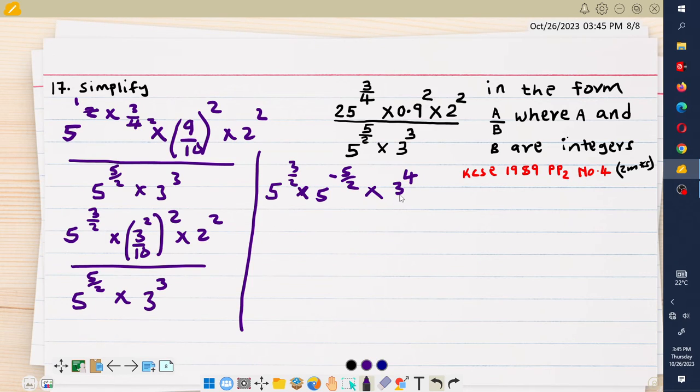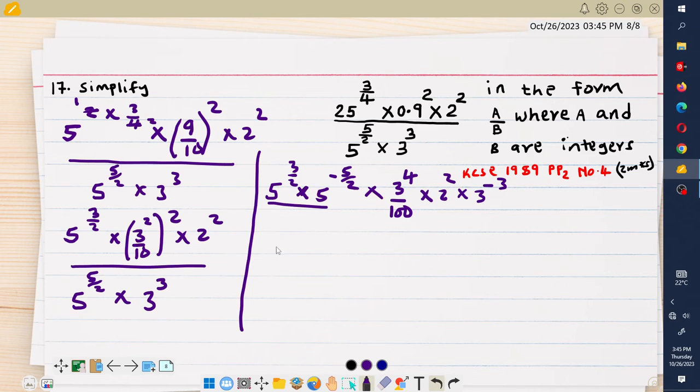Then 10 squared, of course, will be 100. Then times 2 to the power of 2. Then on the denominator, I've left there 3 to the power of 3. I can as well take 3 to the power of 3 to the numerator, so that I'll simply negate the power. So this will give us 3 to the power of negative 3.